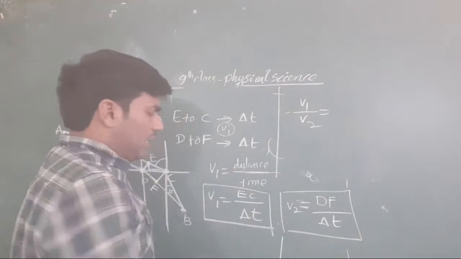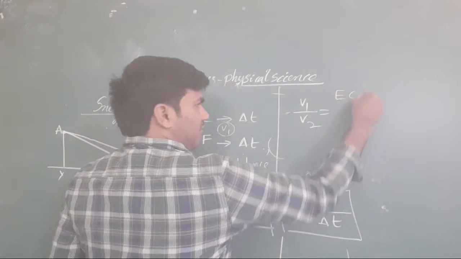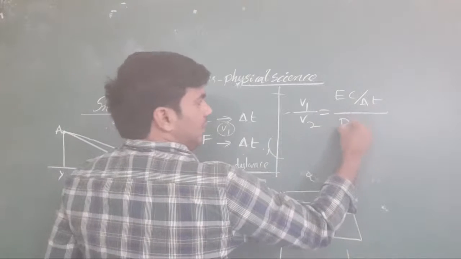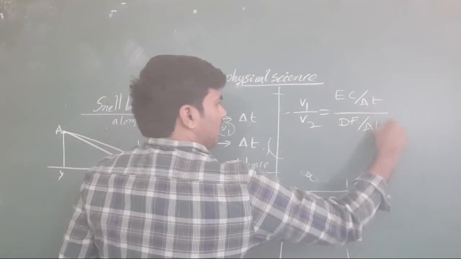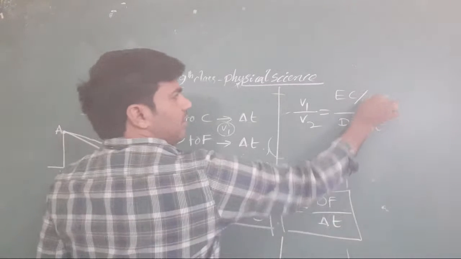It is equal to EC by del T divided by DF by del T. Got it or not, all the students? Here the del T cancels each other.